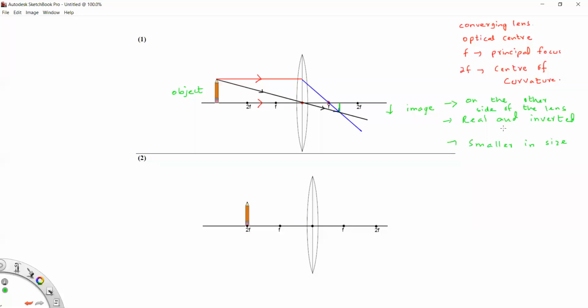I can also specify the location. If my object was beyond 2F, the object distance u is more than 2F. So the image distance v is between F and 2F, less than 2F and more than F.